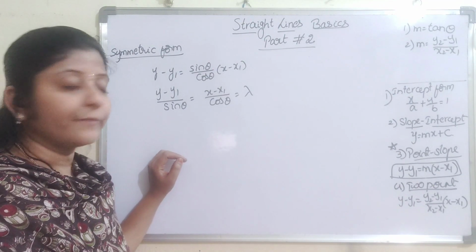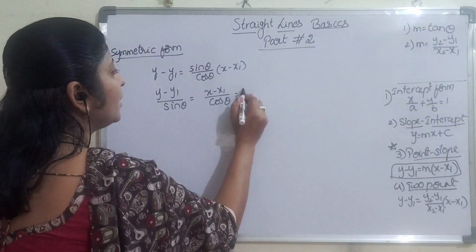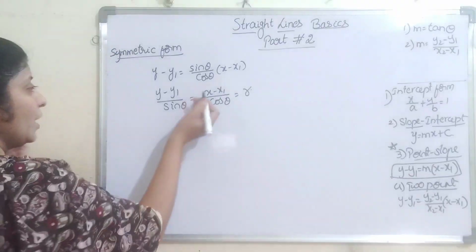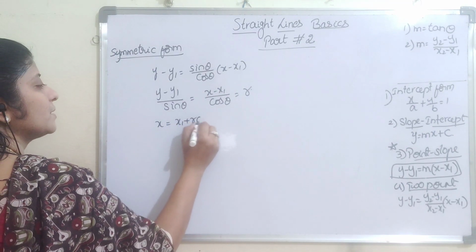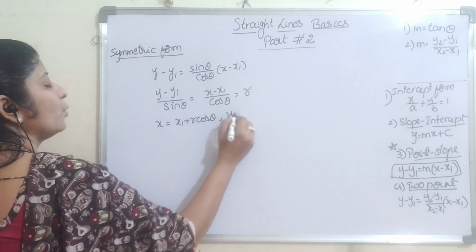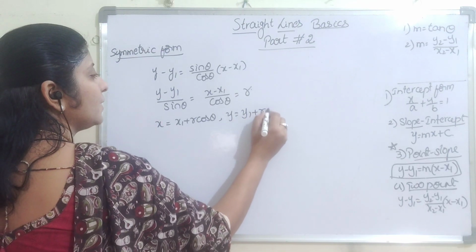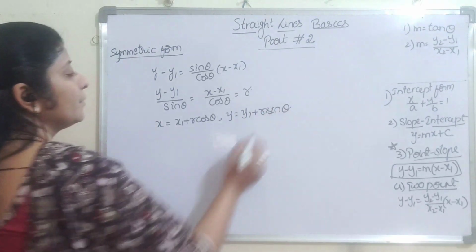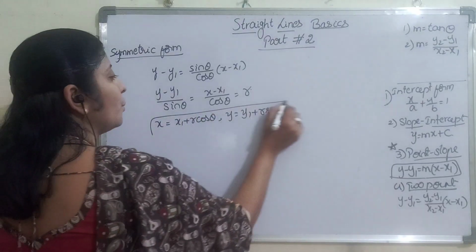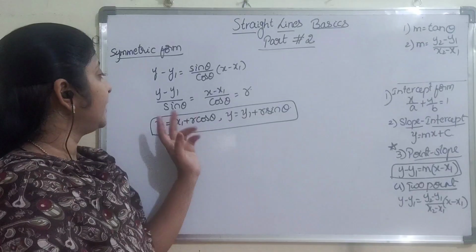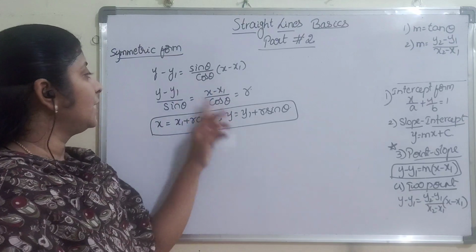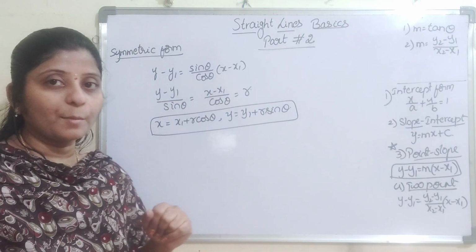Instead of lambda you can use r also. From this you will get x equal to x1 plus r cos theta, y equal to y1 plus r sin theta. So this is called the symmetric form. This r gives you the distance between the point x1, y1 and the point x, y.